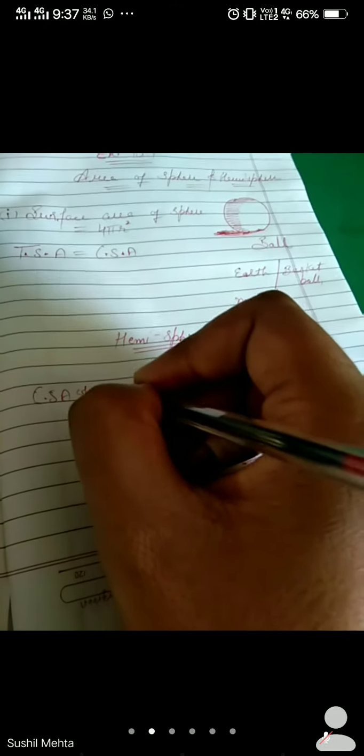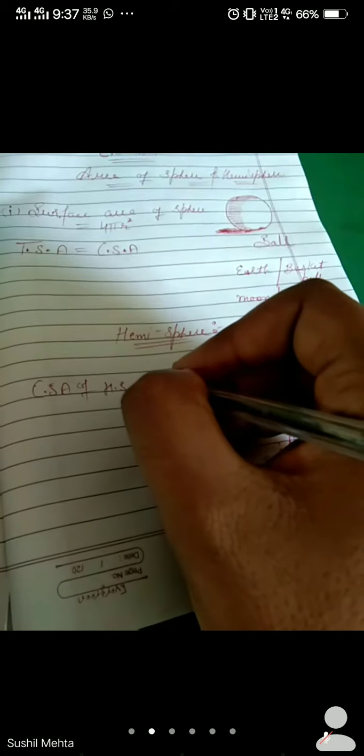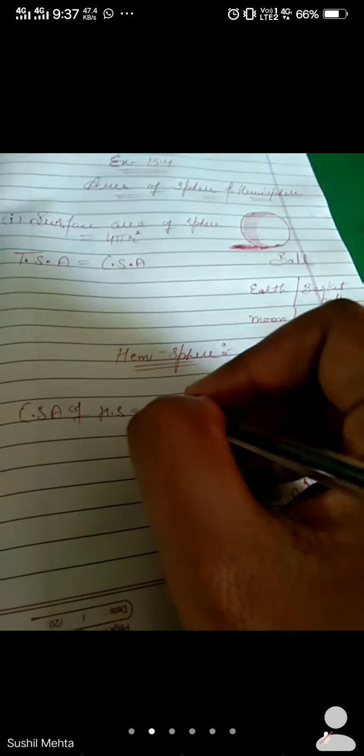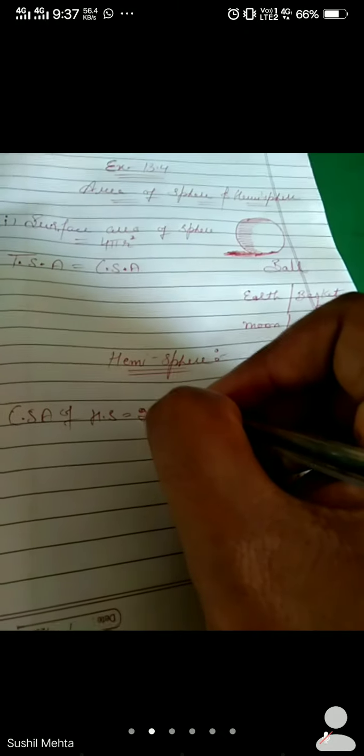So what will be the formula of curved surface area? Curved surface area of a hemisphere is equal to 2 pi r square.